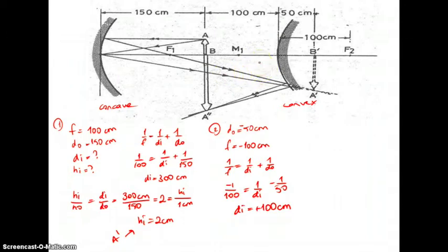To find the height of image A prime prime, we use again hi over ho equals di over do. di is 100 centimeters, do is 50. This ratio is again 2, and ho is now 2 centimeters. So hi is 4 centimeters for A prime prime.